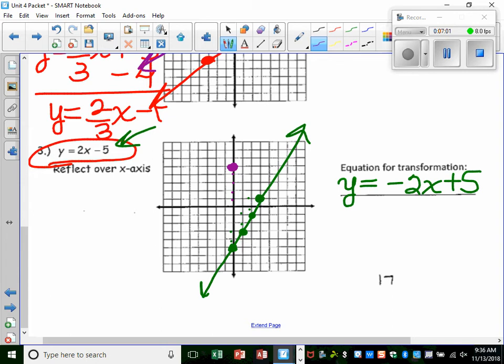And now I'm going to go down 2 to the right 1, down 2 to the right 1, and then I'll go ahead and connect that. So they're going to intersect when they reflect over the x-axis, because they're going to be going in opposite directions, because one's a positive slope, one's a negative slope. All right.